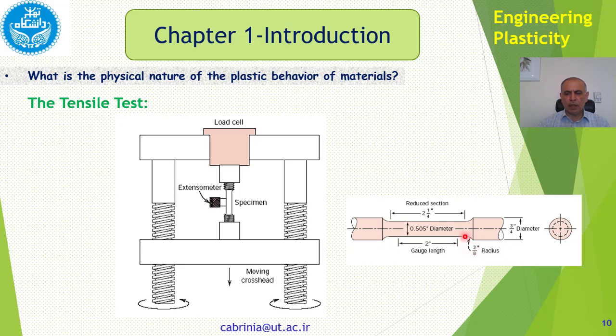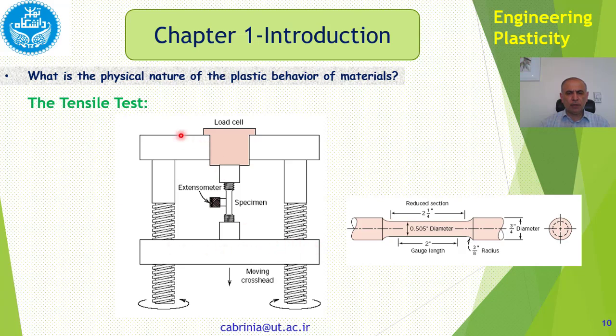We have a fillet radius of 3/8 of an inch. So we put the specimens in these grippers, these jaws, and this is some kind of schematic sketch. We have a press, usually a hydraulic press.